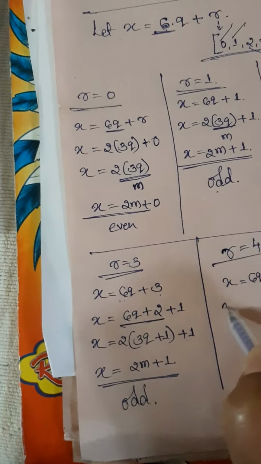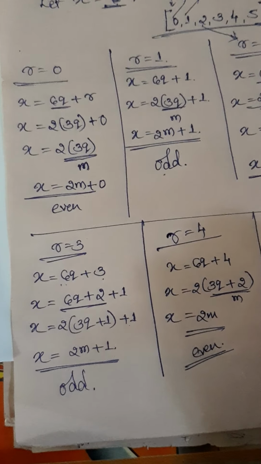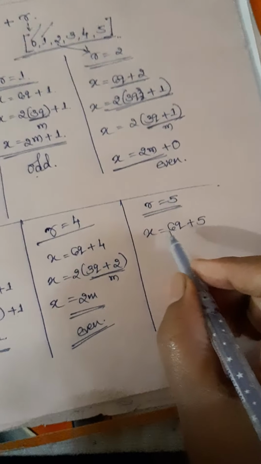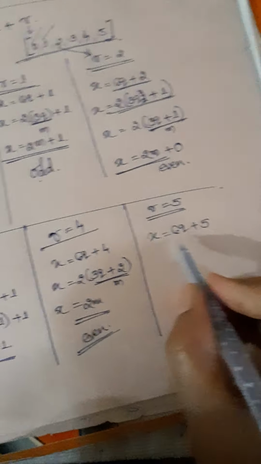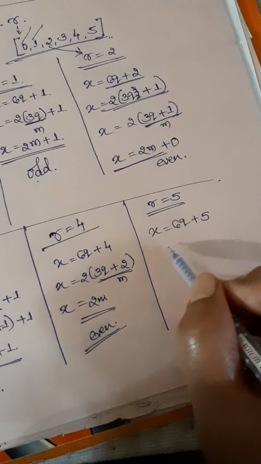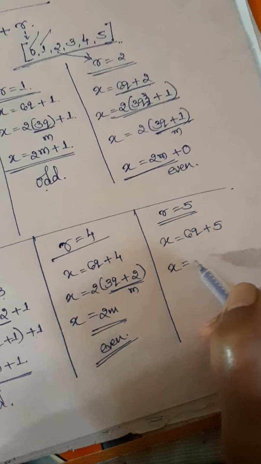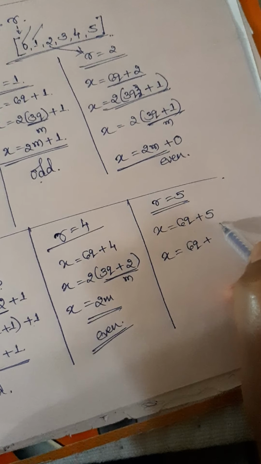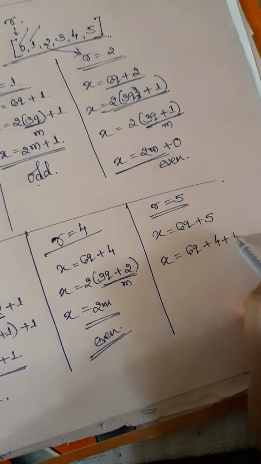Last one, let's take r is equal to 5. x is equal to 6q plus 5. For this 5 we can't take 2 as common. So again we take 6q plus 5, breaking it as 4 plus 1.